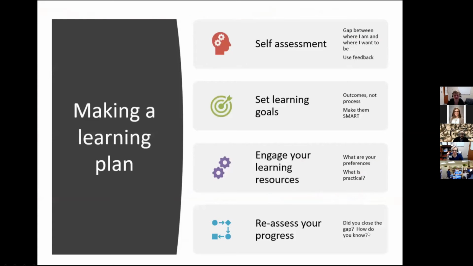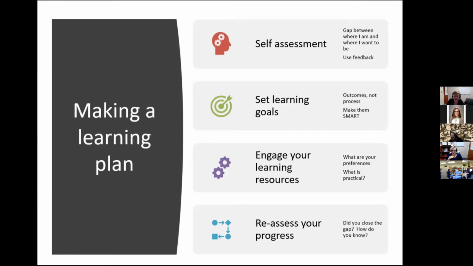And so this is really a 4-step framework for how to make a plan for your learning. And what I would encourage you to do is try this formally for a few months at the start of each rotation to see how it feels for you, especially if you're on the right side of the group.